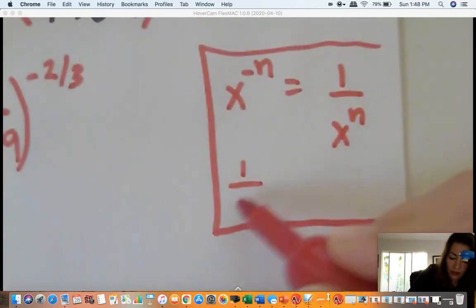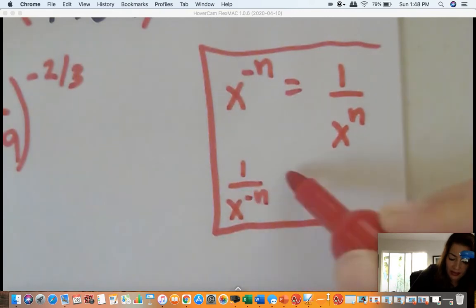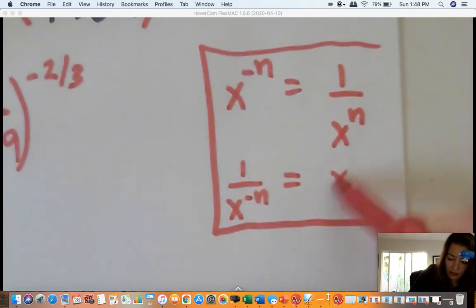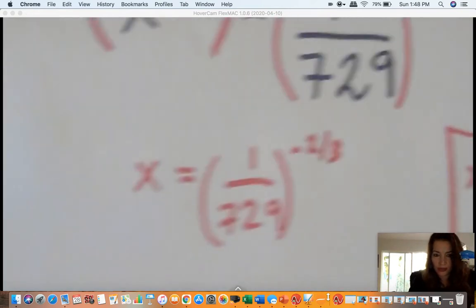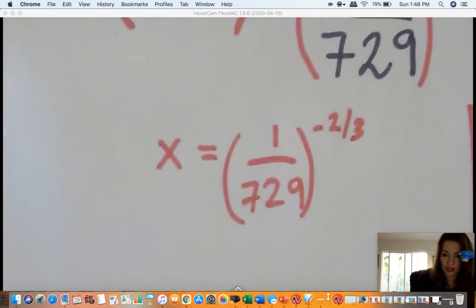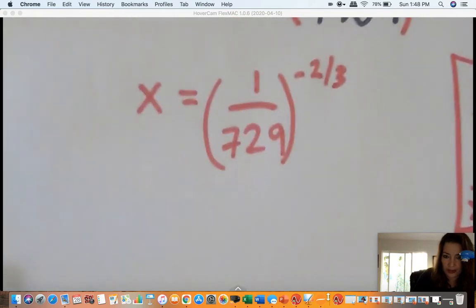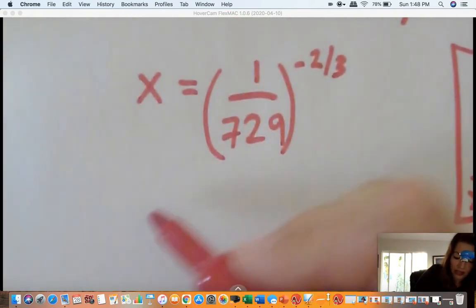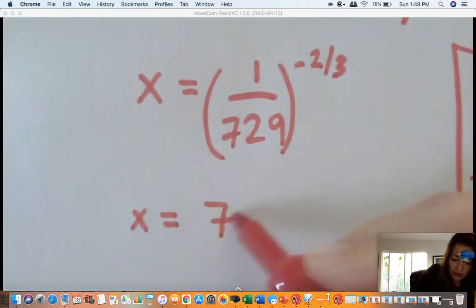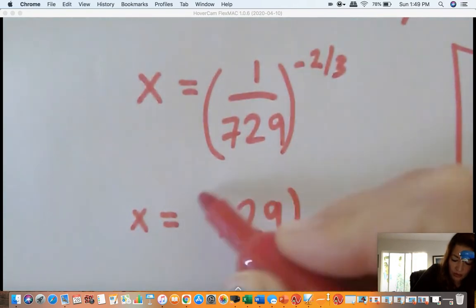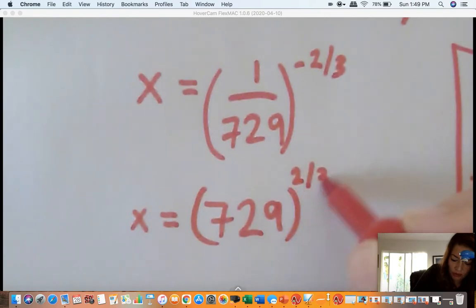Same idea, if I have 1/x to the -n, that just equals x to the n. So using that idea, I'm going to rewrite this using positive exponents. I'm going to rewrite this fraction as x equals 729 raised to the +2/3.